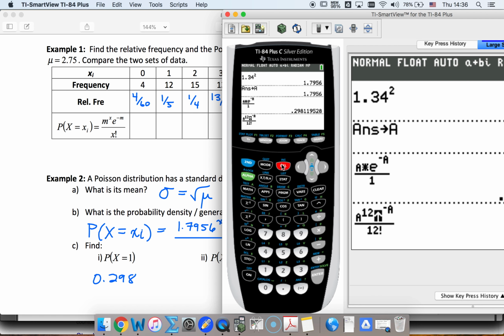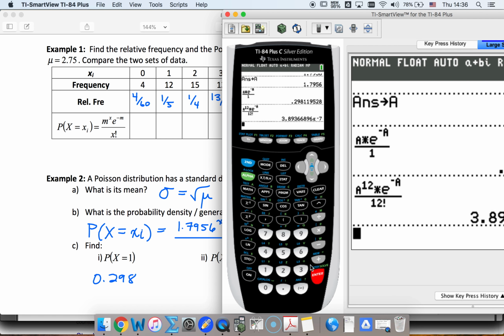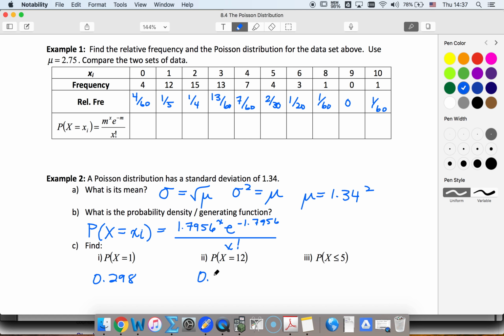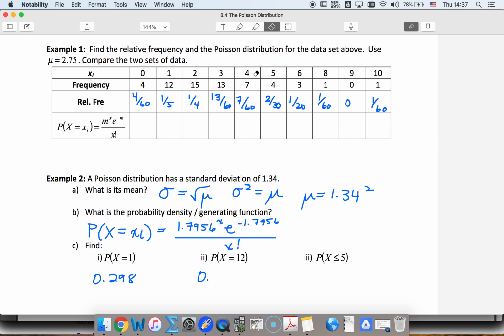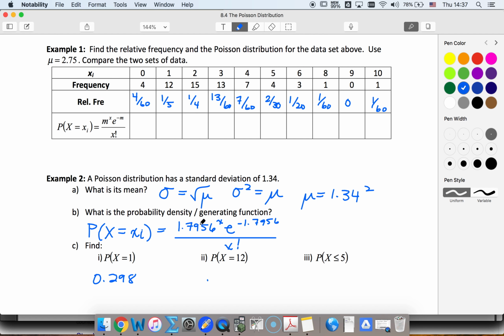All right, so notice I have 3.89 times 10 to the negative 7. I'm not going to write the e in my answer. So 3.89 times 10 to the negative 7, so a value that's really close to 0.